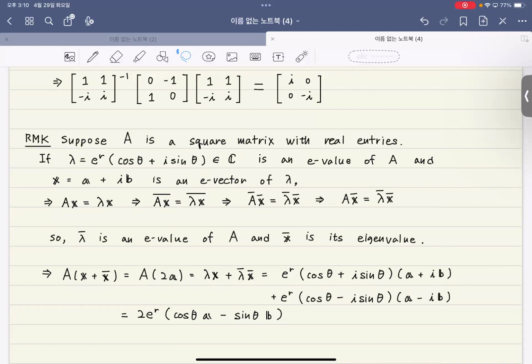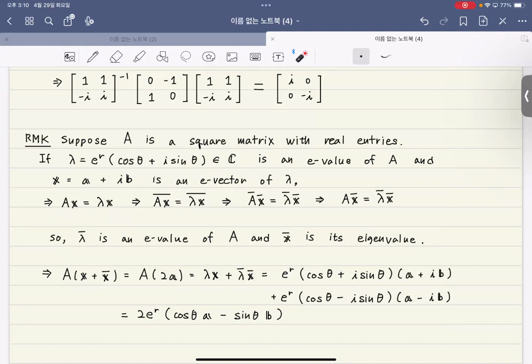Suppose this value is an eigenvalue of the matrix A, and x is an eigenvector of lambda. Here I intentionally divided x into two terms, because every number can be written as a real part and an imaginary part. I'm doing the same thing. So x is an eigenvector of lambda, so A times x has to be lambda times x.